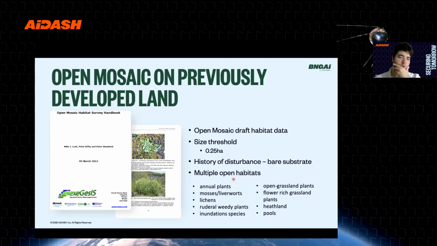I think that when you've got a site that has maybe been derelict land in the past and moved to open mosaic, it's a very challenging question to work out how it should be defined and at what stage it ceases to be open mosaic if it's part of that successional community. We really see two types of open mosaic that form.